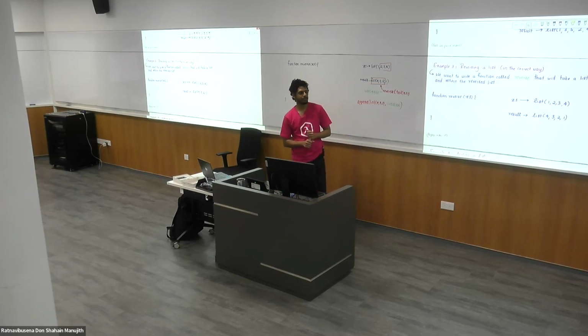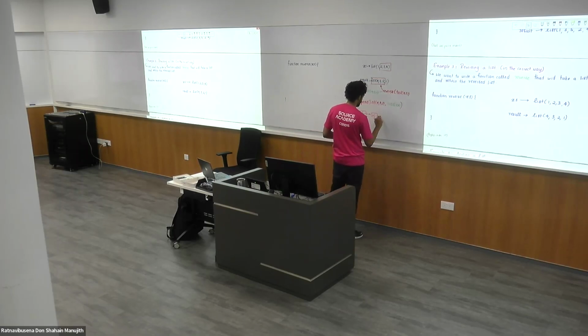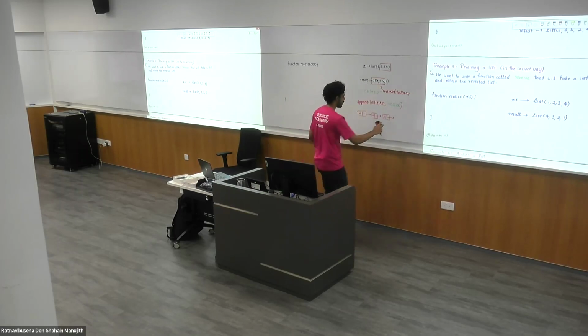Yeah, will I get a list or not? What will I get? There's no name to it, but yeah. So you would get something like this, right? List 4, 3, 2, 4, 3, 2.